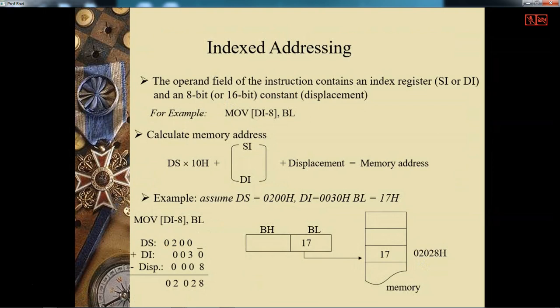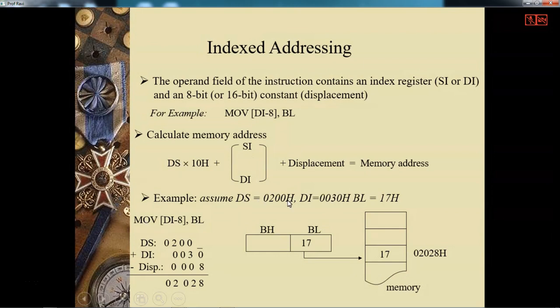So now if you try to see the first example, move DI minus 8 comma BL. What do you mean by this? Now let us see. When the processor executes this instruction, the contents of BL will be moved to a memory location which is indexed by DI. So the calculation is this: DS multiplied with 16 and then the content of SI or DI plus any displacement.